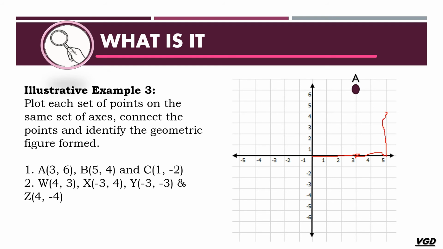So this is point B. And for point C, we have here positive 1, so 1 unit from the origin for the x value, and since the y value is -2, and it's negative, we need to move downward 2 units, 1, 2. So therefore it's the point C.